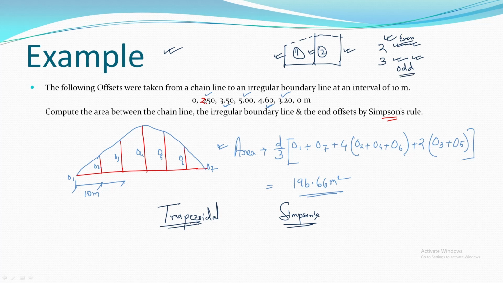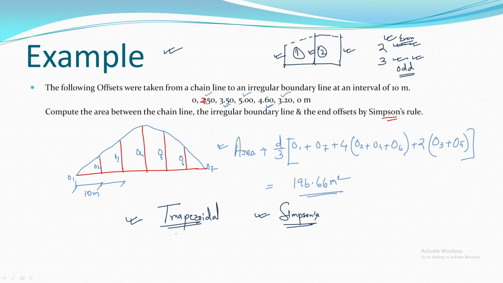But there is no such limitation for the trapezoidal rule, because at the time of derivation we have not defined whether the number of ordinates is odd or even. So, for both odd and even numbers of ordinates as well as intervals, we can apply the trapezoidal rule, but in case of Simpson's rule there are some limitations. Here the number of ordinates is odd and the number of intervals is even.